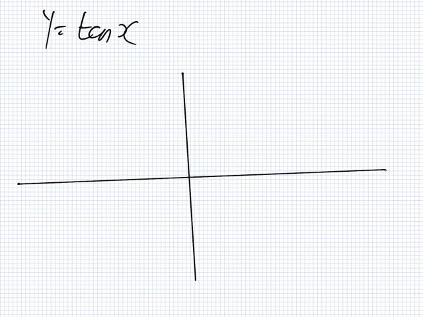So this is tan x. 90, 180, 270 and 360, and this is x and this is y.